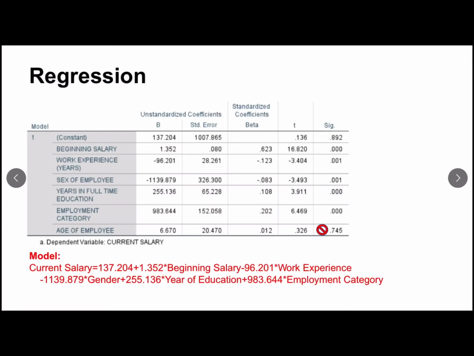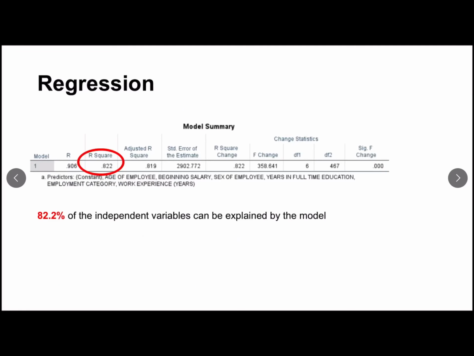Our equation from this model is here. From the summary of the model, we can see that the R square is 0.822, which means 82.2% of the variation in the dependent variable can be explained by the model.